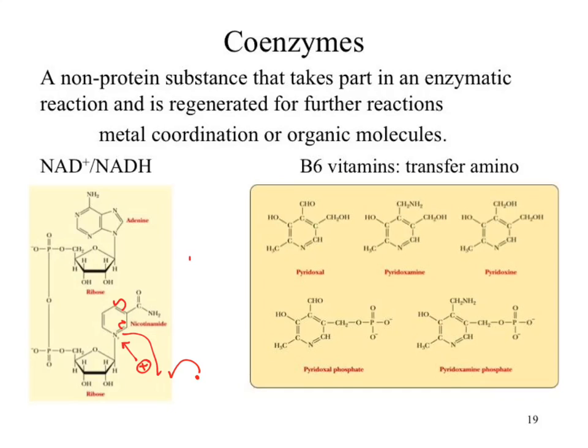Okay. We get a second radical coming in, giving us a negative charge on top of the structure, which then picks up the H+, and what we end up with for our NADH is this guy. There's our NADH form.